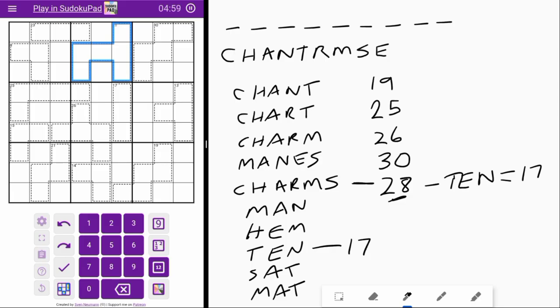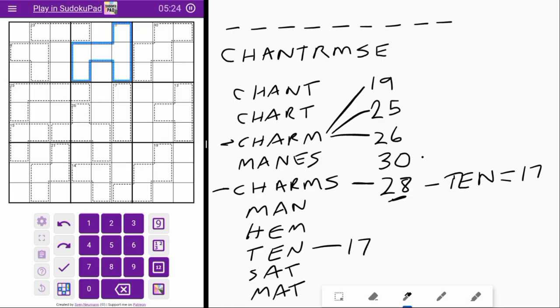Now, what else can we get from that? These don't actually correspond next to each other, so we've got to match up which one goes with which. Now, looking at charm and charms, there's only an S different. So charm can't be 30 because charms is an S more, and it's 28. So charm has to be that one, or that one.